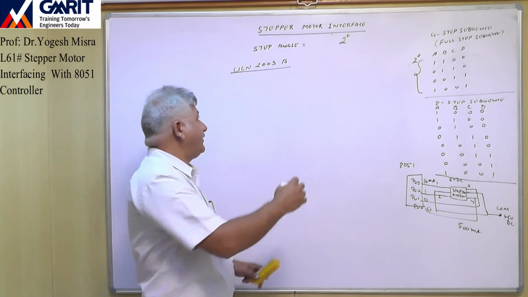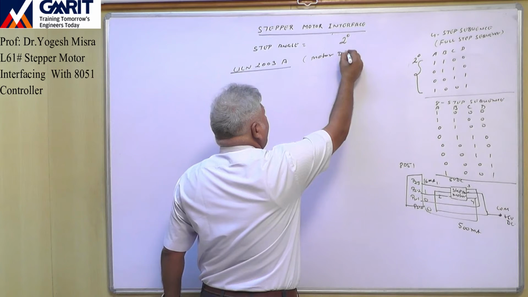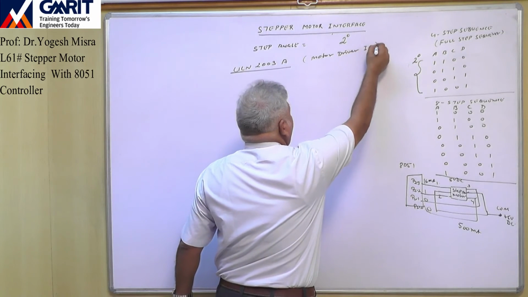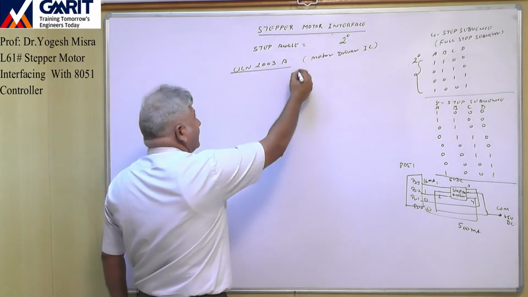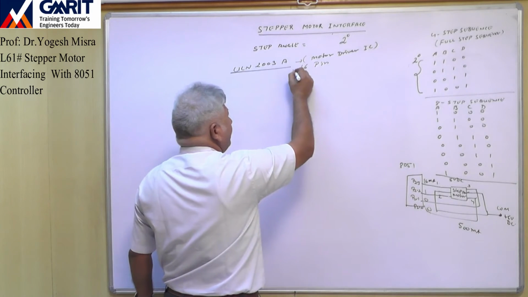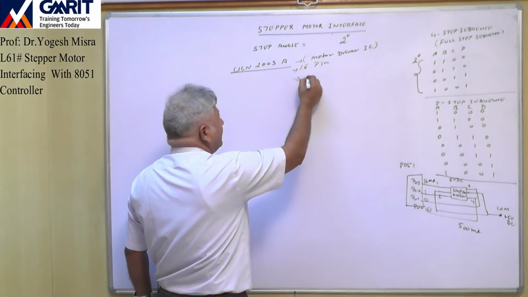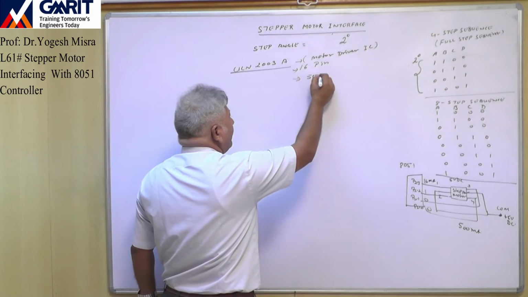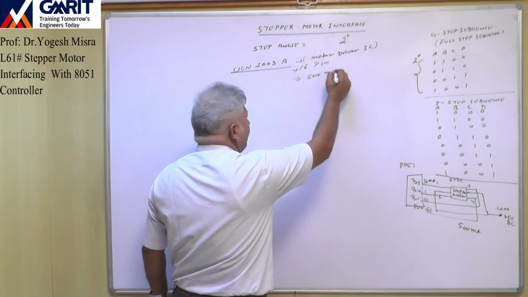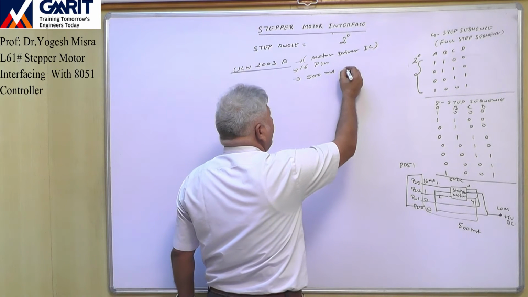This is a motor driver IC, and this is a 16 pin IC, and the current rating of this IC is 500 milliampere.